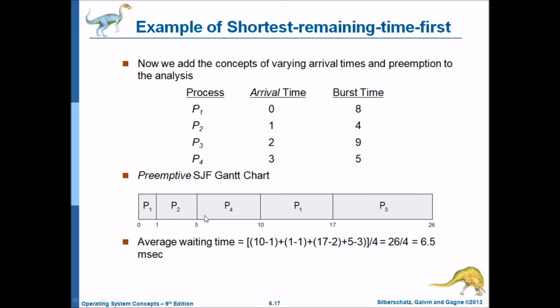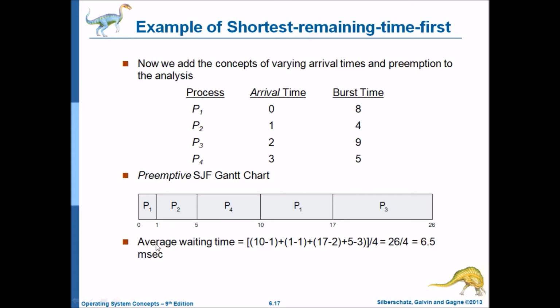And then at time 5, process P2 completes, and we evaluate for the process with the shortest time, which is P4 with 5 milliseconds. After completion we evaluate again, and get the order P1, because P1 has 7 milliseconds left, followed by P3 with 9 milliseconds.